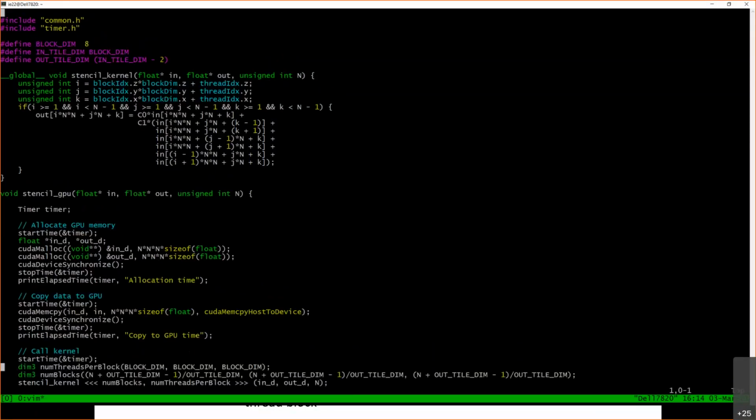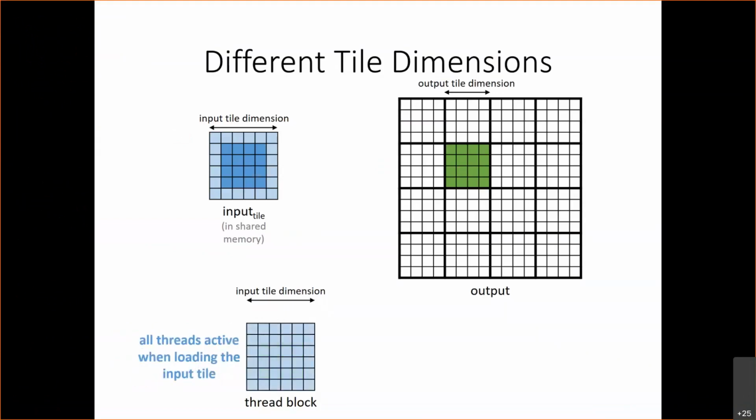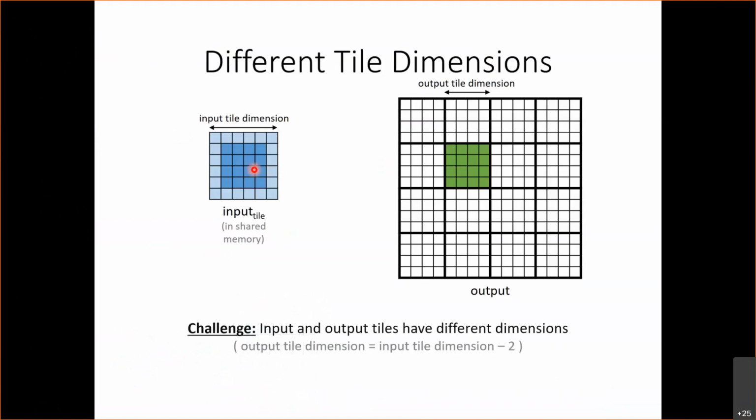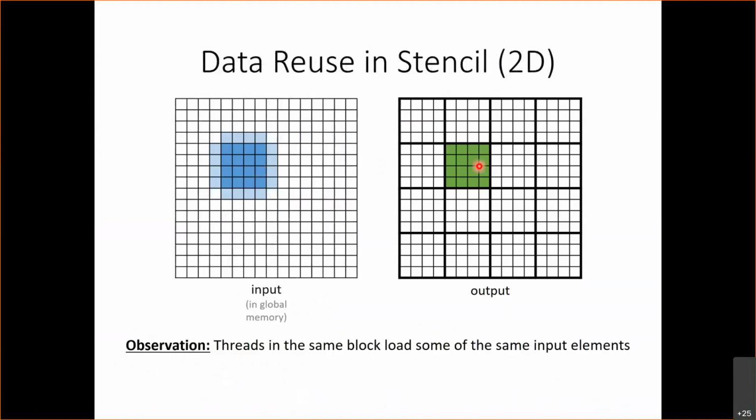Having done this, now we would like to load our input tile into shared memory. Let me go back a little bit. We have identified, well, actually we haven't yet. So now we first want to identify what output element a thread is responsible for.